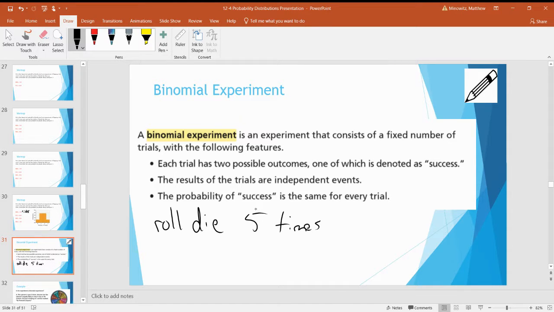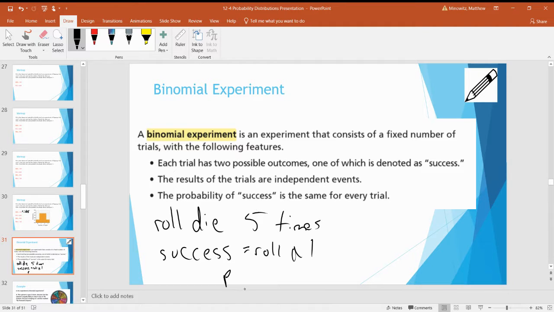That means I know I have 5 trials, and success is rolling a 1. We want the probability of success, which we are going to call P, which is 1 out of 6. And we call not success, or failure, however you want to describe it, 5 out of 6. So you can only have 2 things: I either roll a 1 or I don't roll a 1. And this is where the complement comes in. I do an event or I do not do an event.